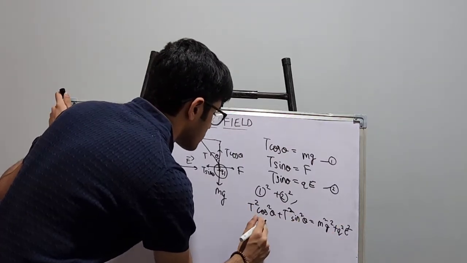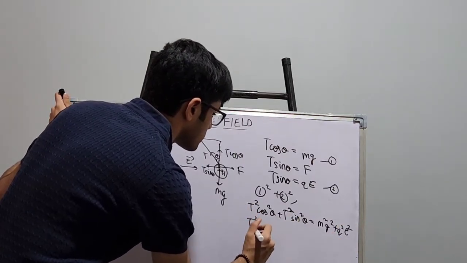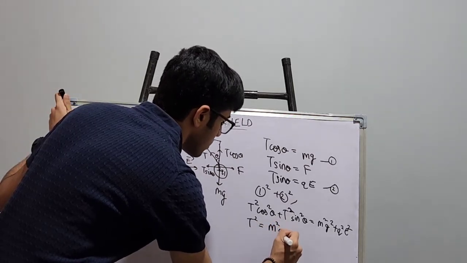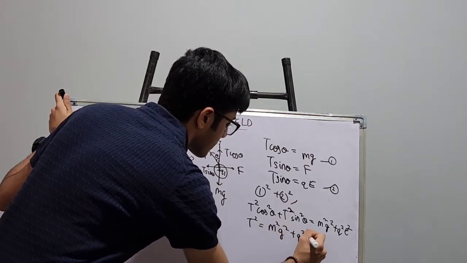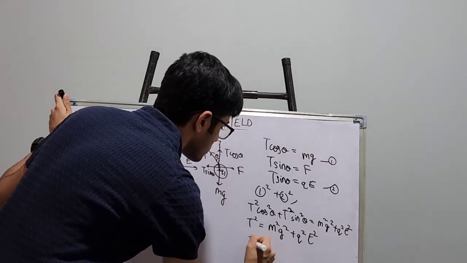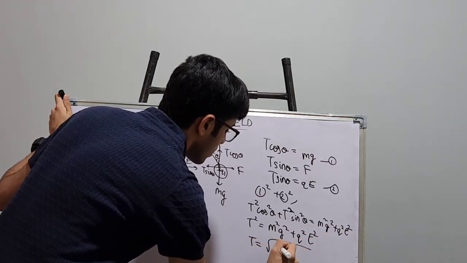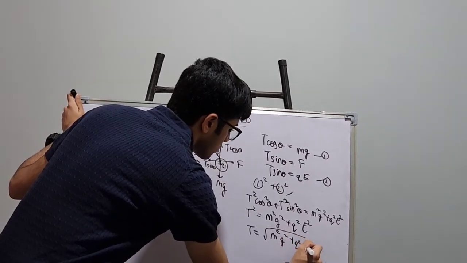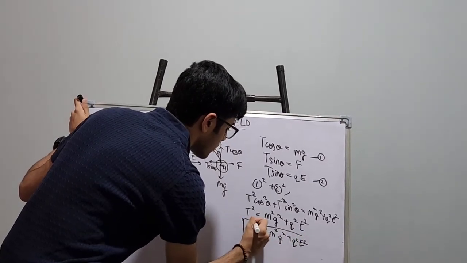So sin square theta plus cos square theta is equal to 1. Taking T square as common, we get T square is equal to m square g square plus q square e square. So T is equal to under root m square g square plus q square e square. This is the formula for tension.